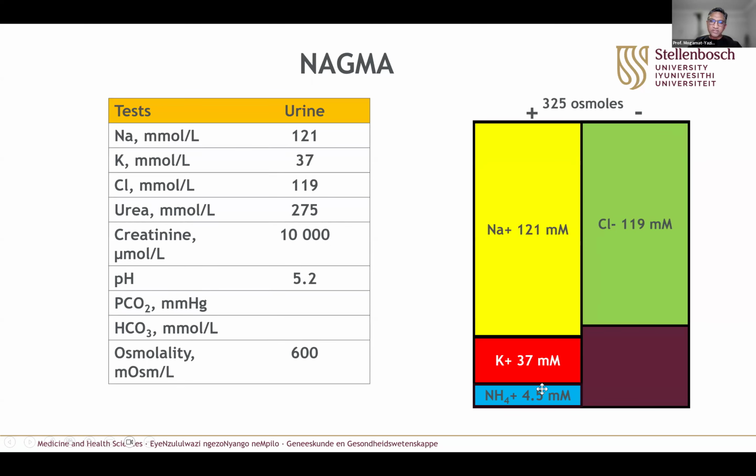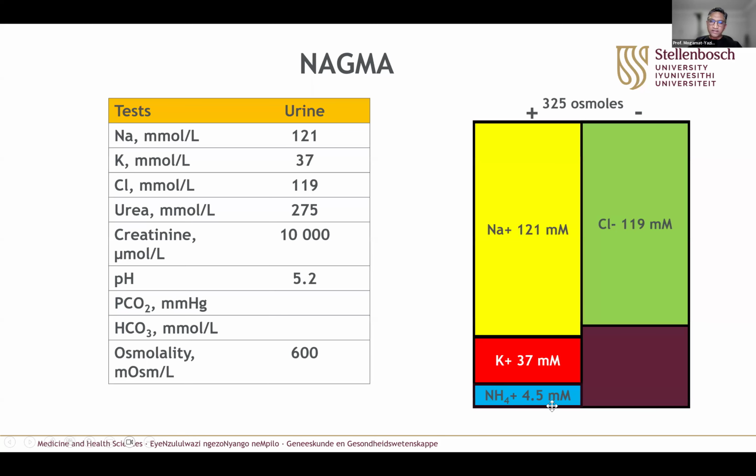So, as I mentioned earlier, an appropriate renal response in the face of a metabolic acidosis is to excrete large quantities of ammonium in the urine, in excess of 150 to 200 millimoles per day. And in this case, there was only 4.5 millimoles, indicating an inappropriate renal response.